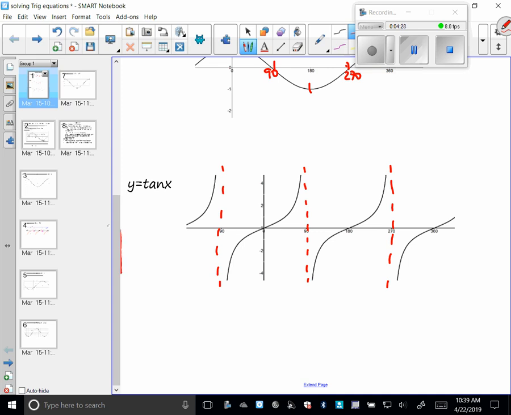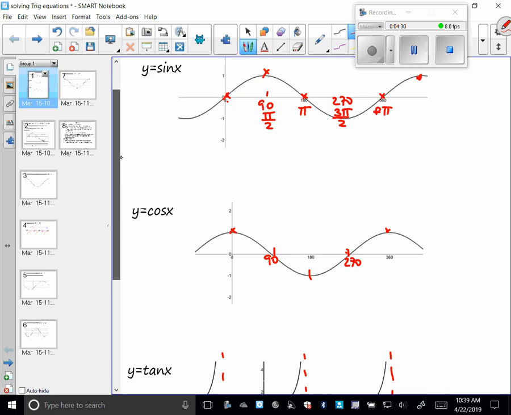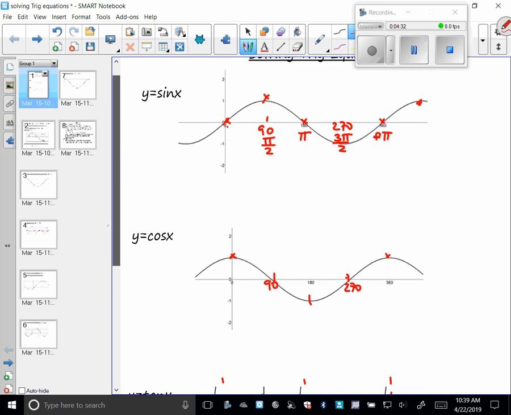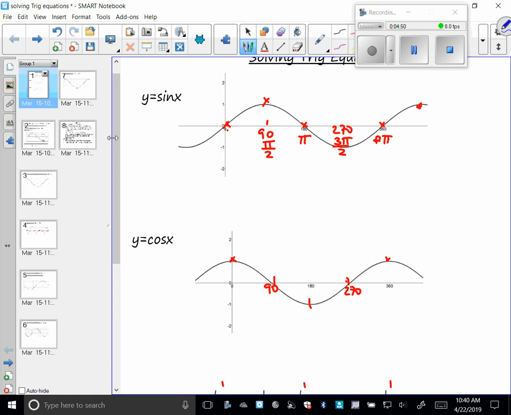Now, what's the other feature I need you to remember? What's the period of the sine and cos graph? Do you remember what period is? It's from there to there. So how much is that? What's the period for the sine and cos? Shout that number at me now. 360.